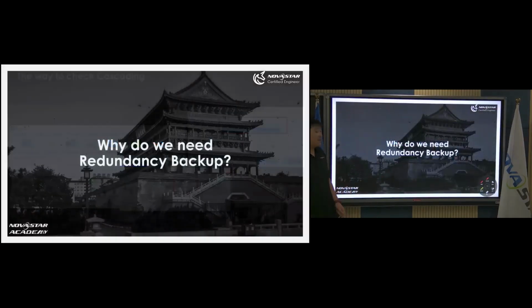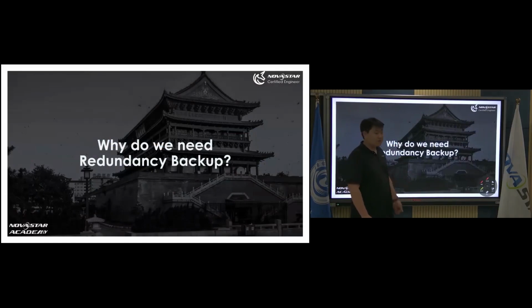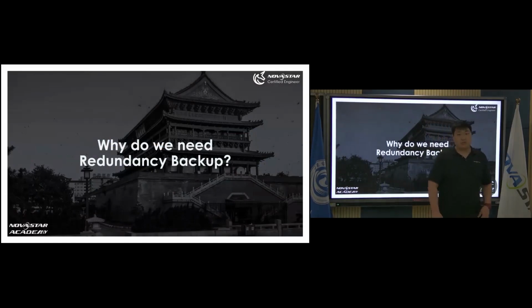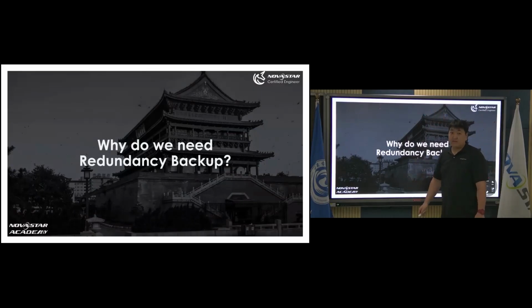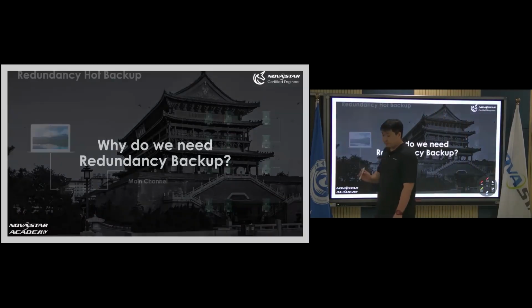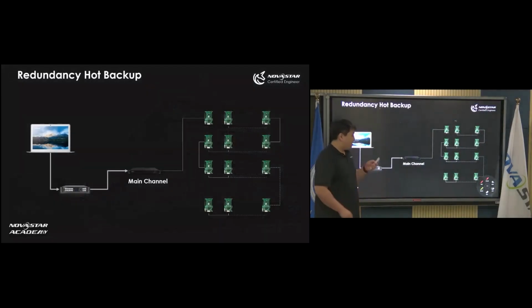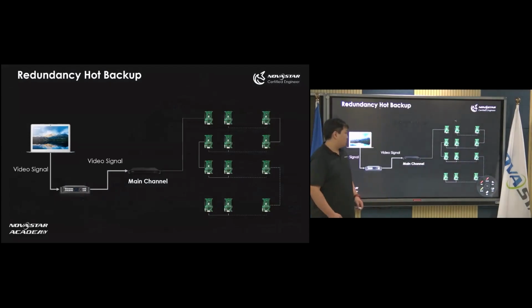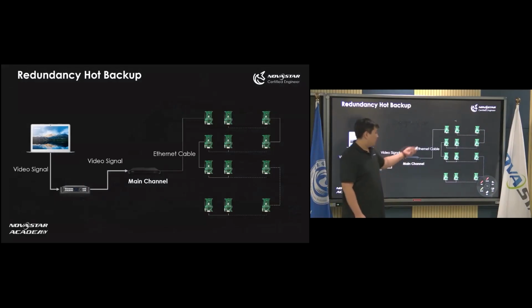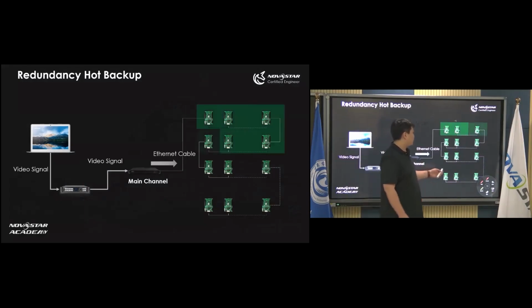All right. The next thing is, why do we need redundancy backup? If the LED is at the background, it's really hard. It's tough if one port fails, right? Let's say the weakest part in the whole system could be the Ethernet cable. Let's say the PC, the video processor, and everything is working properly, and the screen is full.